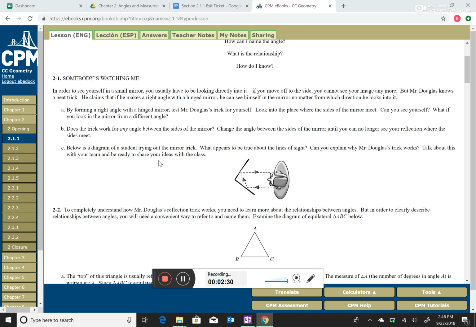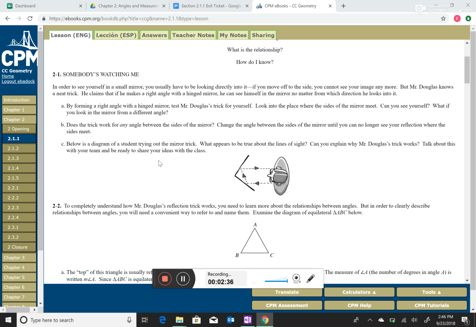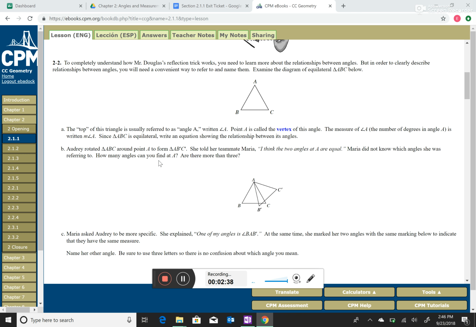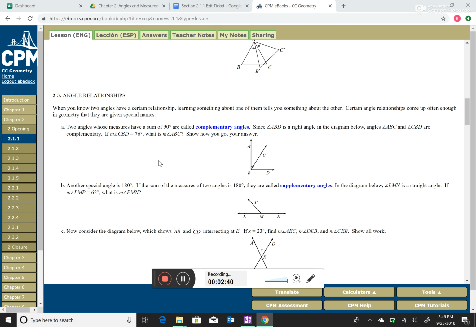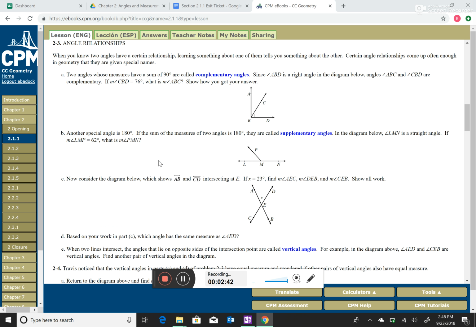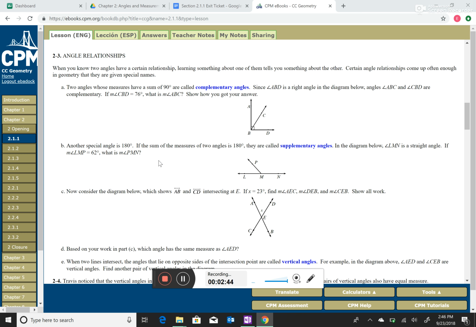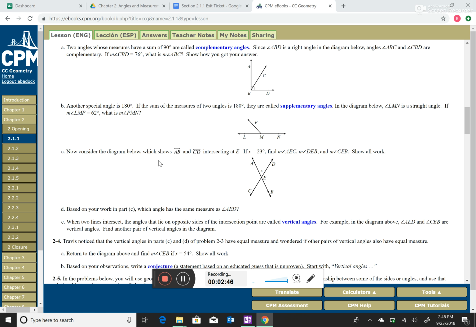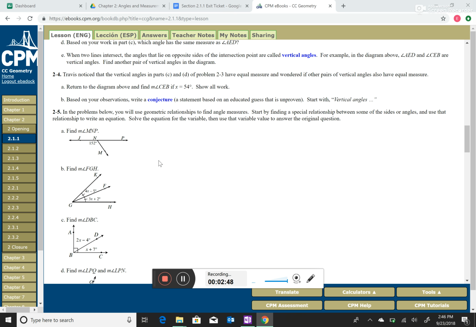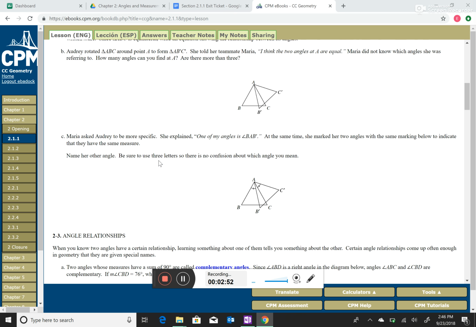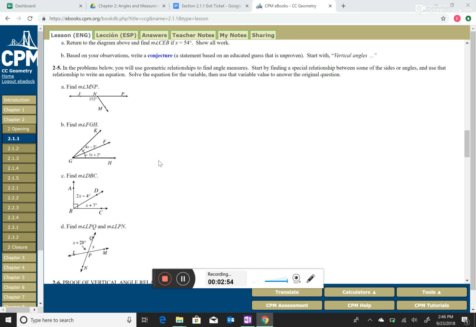That's just a discovery activity to get you started with what we are actually going to be talking about. Then you'll go into 2.2 and talk about the 3 problems there. You'll go into 2.3, which is when we get into our definitions and our 3 main angles. And then you move on to question 2.4. You'll have about 25 minutes to work through those 3 questions.